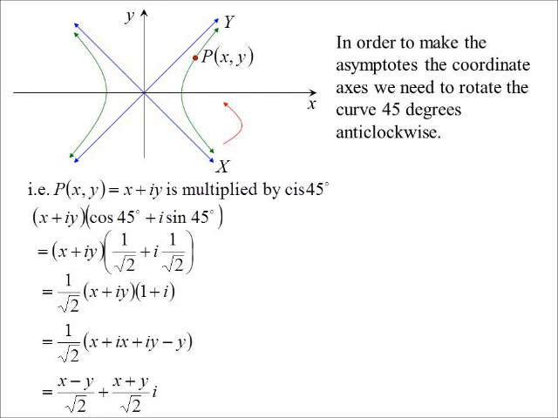So when capital X and capital Y are the axes, the coordinate of capital X will be little x minus y on root 2, and the coordinate of capital Y will be little x plus y on root 2.